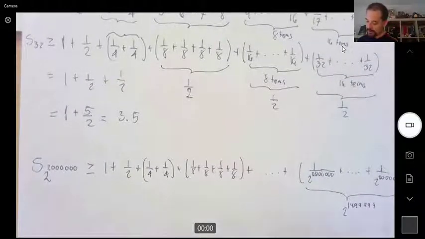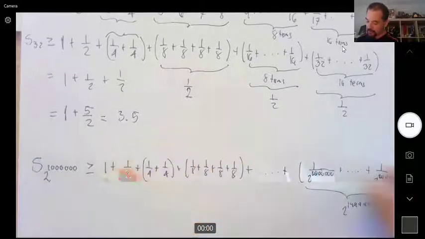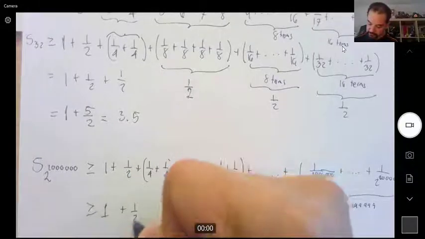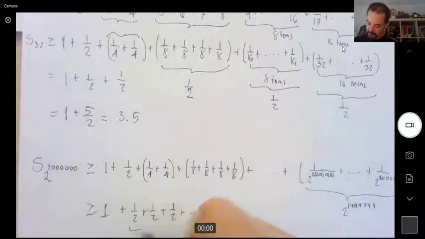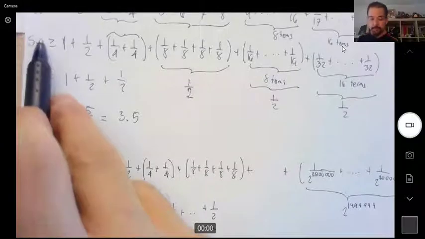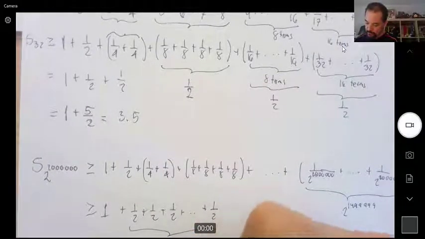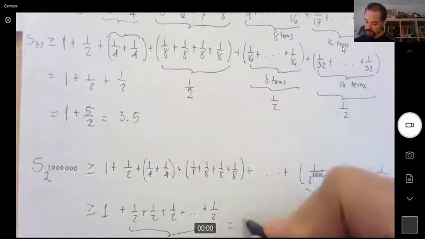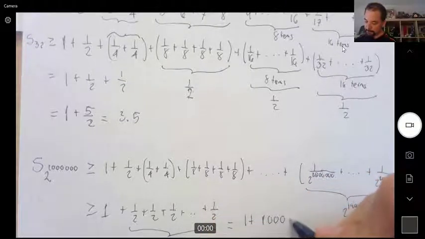And the point is that this is 1/2, and that's 1/2, and that's 1/2, and I have 2,000,000 1/2s. So this is going to be 1 plus 1/2 plus 1/2 plus 1/2, etc. How many 1/2s? Well, over here I only had 5 because this number was 2 to the 5th. Over here I'm going to have 2,000,000 1/2s. So this is going to be 1 plus 1/2 times 2,000,000, and that's 1,000,000.